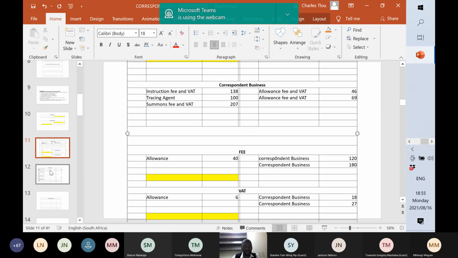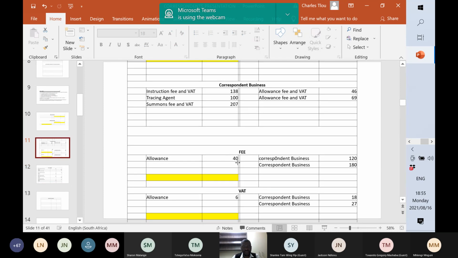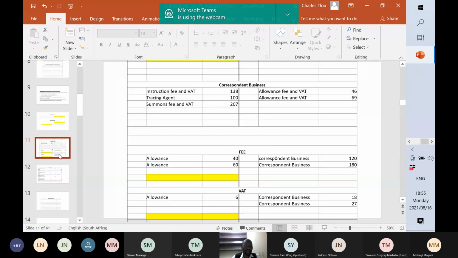And then you come back here on the journal again, it says debit your fee at 60 rand. Then you come here, this is your fee ledger. You're going to debit here. That is 60 rands. And then come here again, it says debit your VAT at 9 rands. And you go back here, this is your VAT, debit is on the left hand side, and then you say allowance.